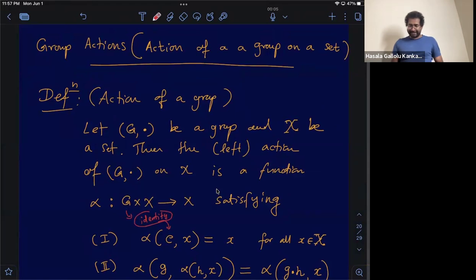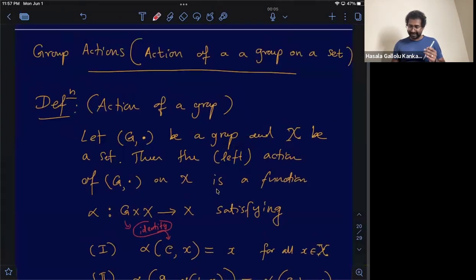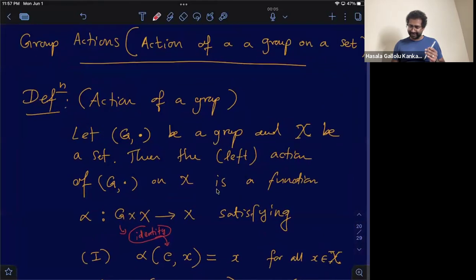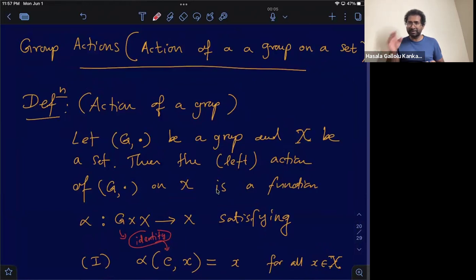Now, look at this. This is going to be something. If you do not see this in an undergraduate algebra course by any chance, definitely you're going to see it in a graduate level group theory course, or the most elementary graduate level algebra course. The reason is that this is so beautiful.